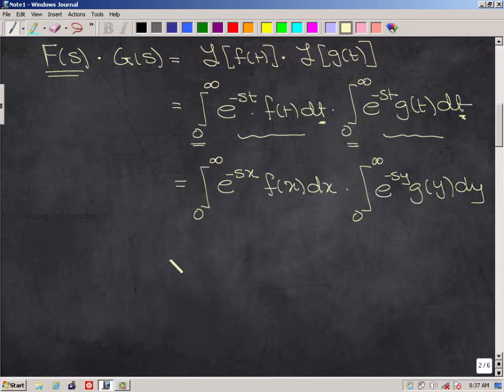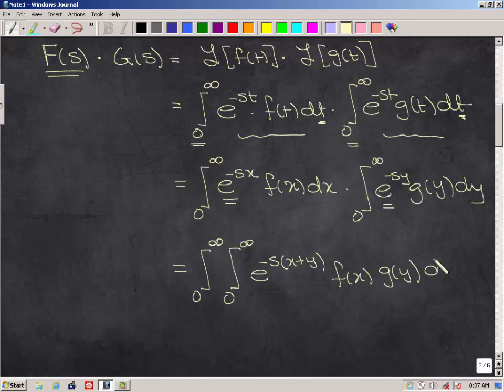Now I can combine these two integrals and write them as a double integral, 0 to infinity. Add these exponents here. We get e to the minus s times x plus y, f of x g of y dx dy. So that's what we end up with. We're ending up with something from calculus 2, a double integral.